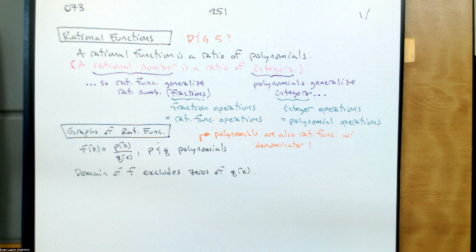Graphically, these zeros will produce one of two effects. This will either be a hole in the graph or a vertical asymptote.